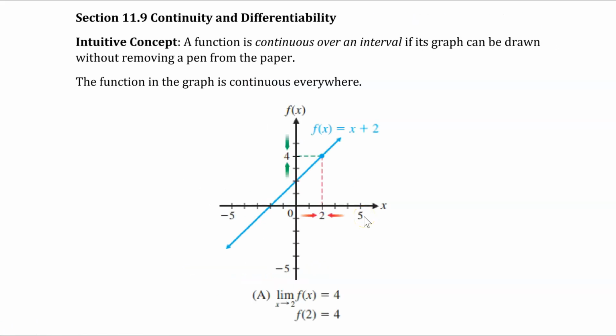Now, based on the examples here, we see that for a function to be continuous at a point, the function has to be defined at that point, the limit exists at that point, and the limit and the value of the function at that point are equal.